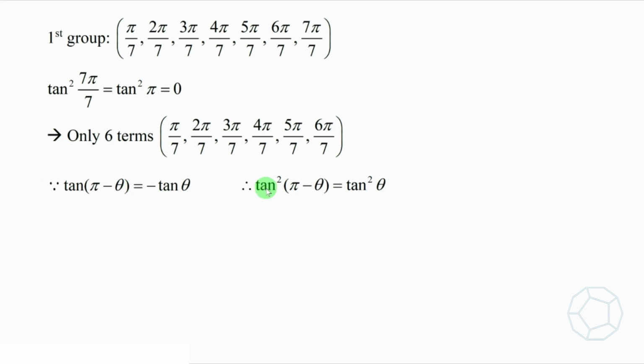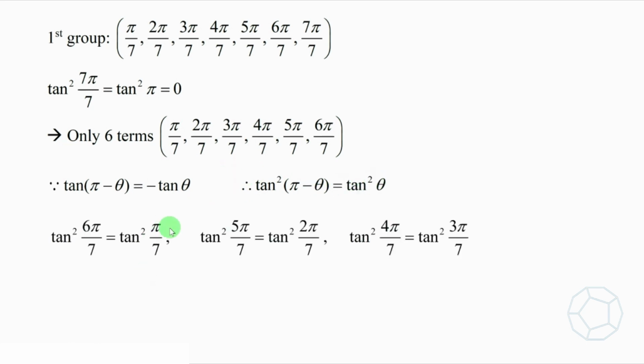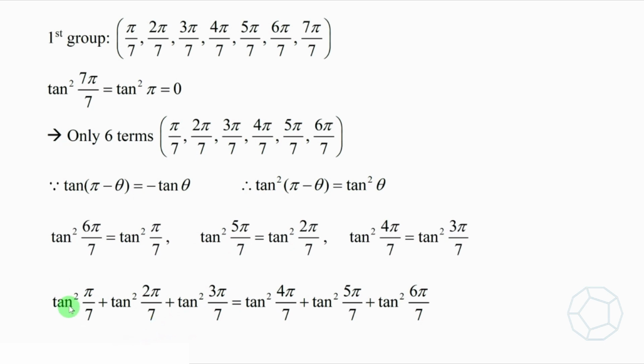Therefore, tangent square of pi minus theta is equal to tangent square theta. Putting theta equals pi over 7, 2 pi over 7, and 3 pi over 7, we get these results. In other words, the sum of the first 3 terms is equal to the sum of the last 3 terms. So we can just focus on the first 3 terms.